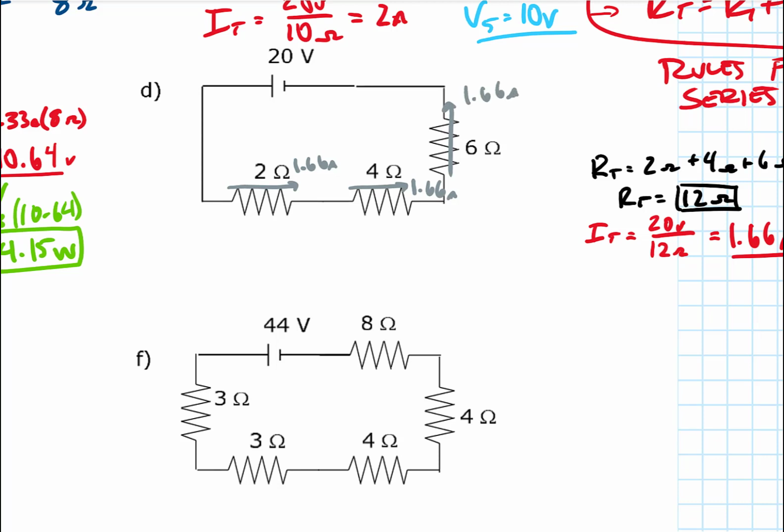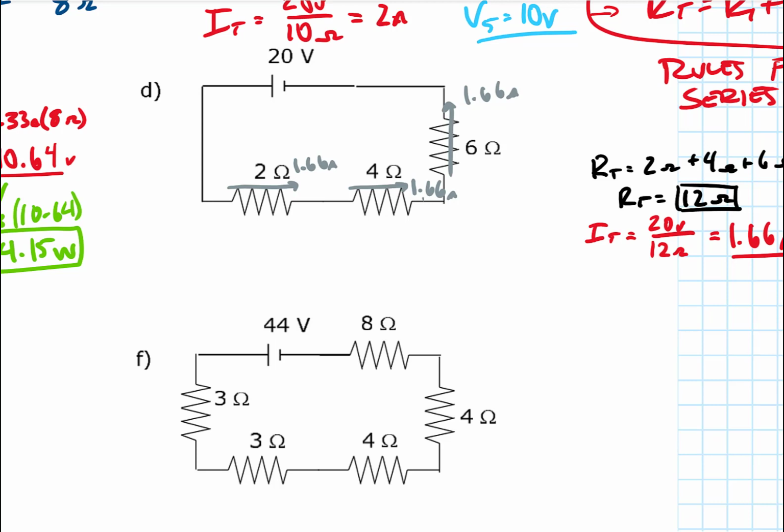Because in series, we know that the total current is equal to the individual current moving through any resistor. Because it's current in, 1.66 amps in is current out, 1.66 amps is current in, 1.66 is current out, 1.66. Because current does not get used up in a series circuit.